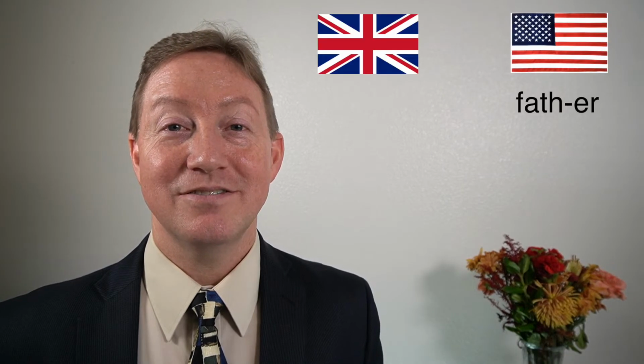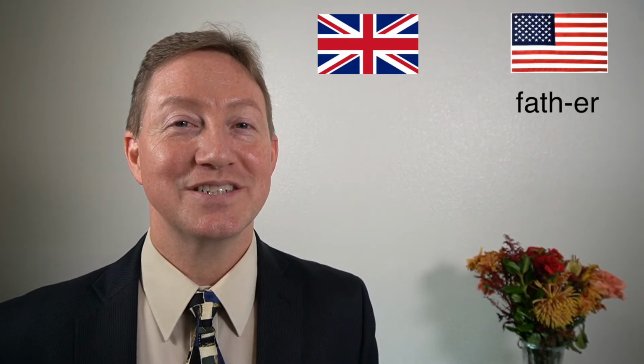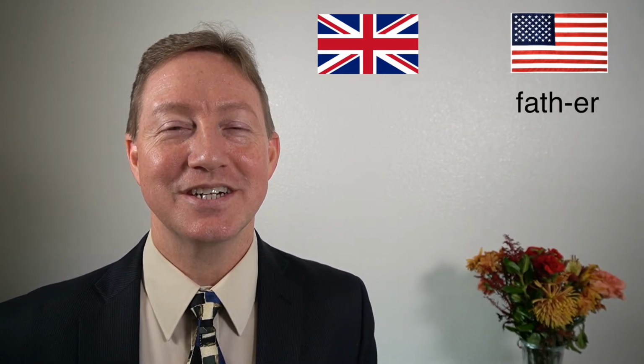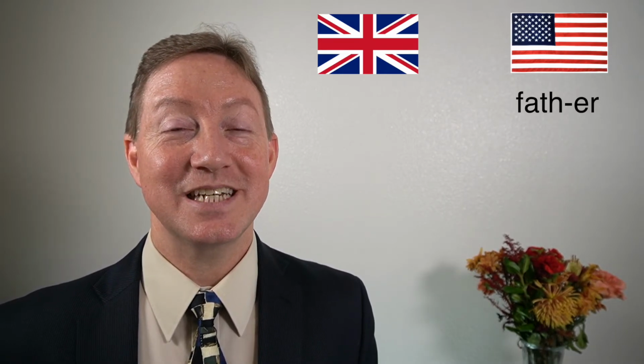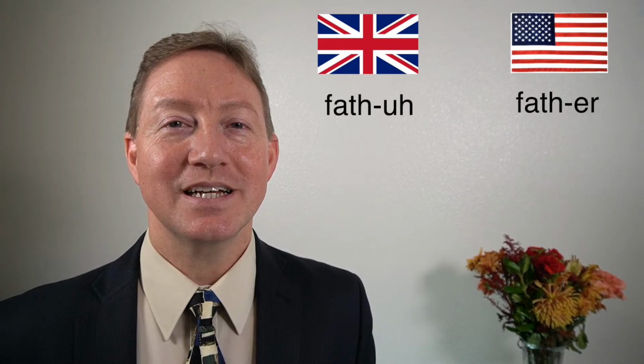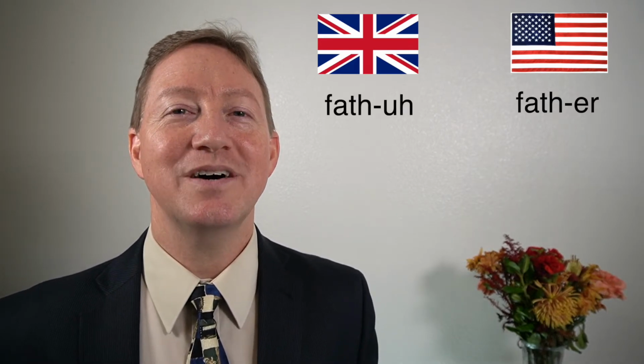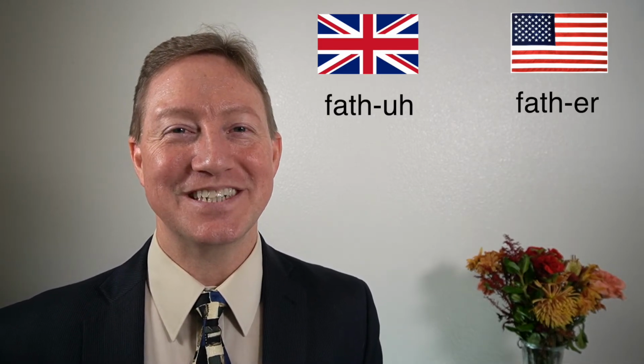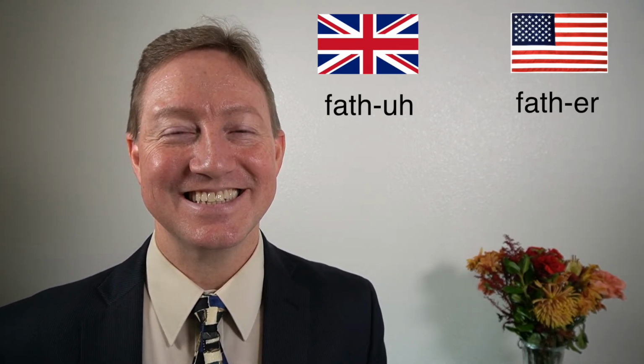For example, when we say the word father, we pronounce the ER at the end very clearly. Father, father. But in British English, it would be pronounced more like father, without the R pronunciation. Even I need to practice that if I'm going to try to speak British English.